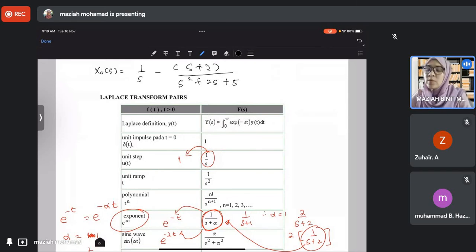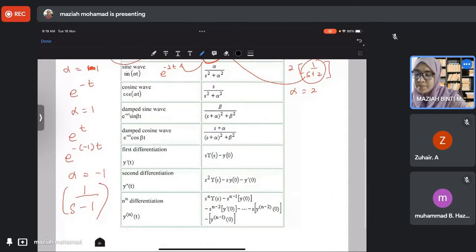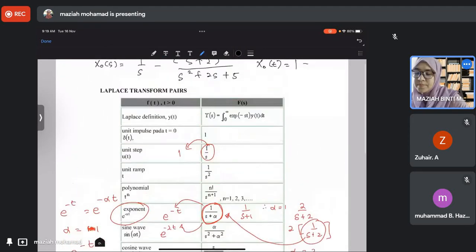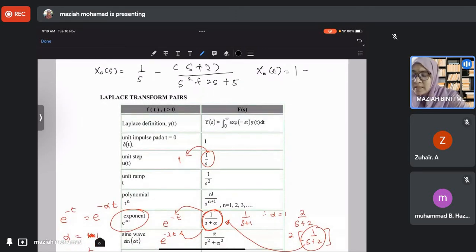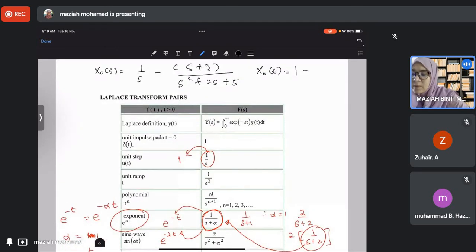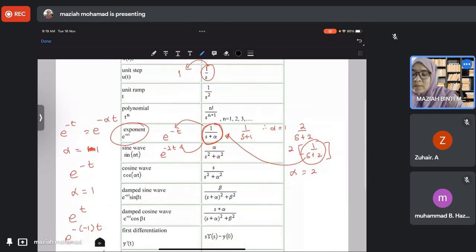Right, so if we inverse the Laplace, we get X naught T equal to 1 over S, it's 1, minus S square. I think we don't have anything similar to that, S plus 1, there isn't any.